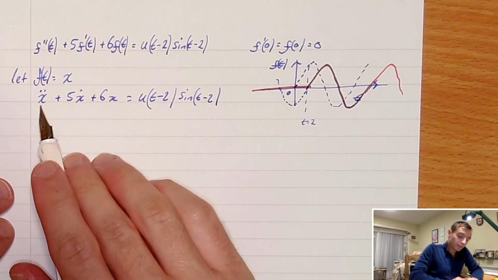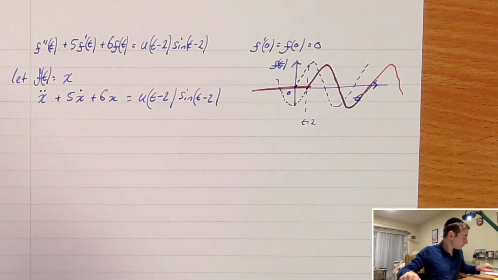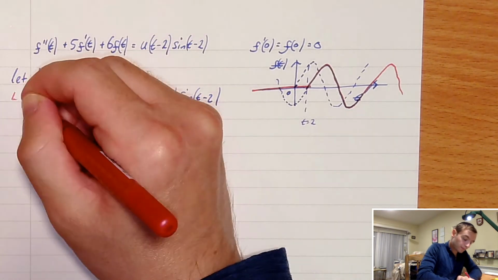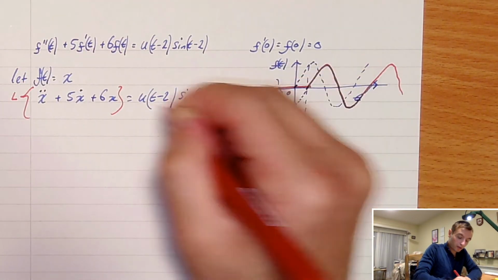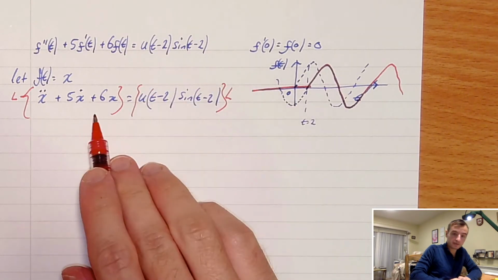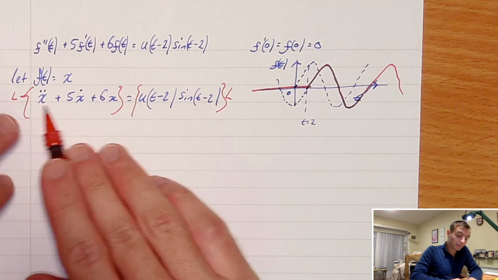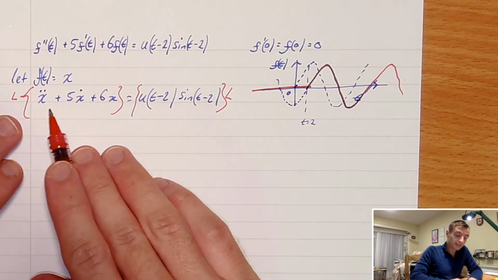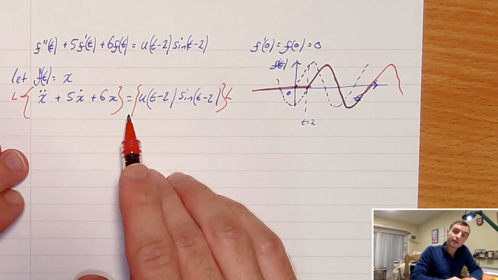And if we take the Laplace transform of the entire left-hand side, and we take the Laplace transform of the entire right-hand side, they're going to be equivalent. And the principle of linearity obviously states that the Laplace transform of summations of components is equal to the Laplace transform of each individual component summed together.